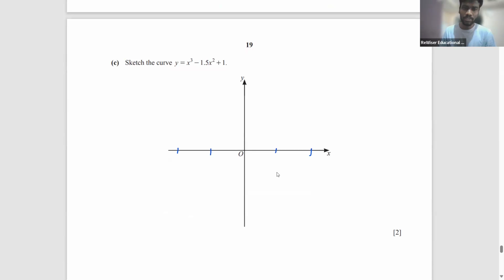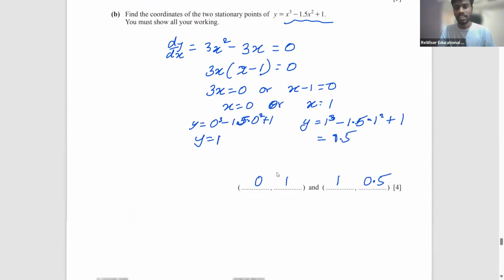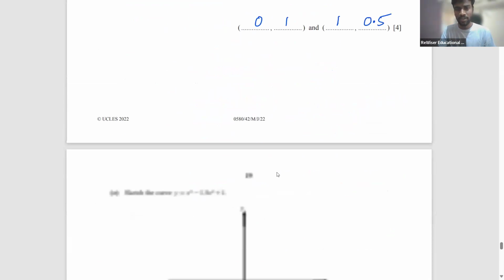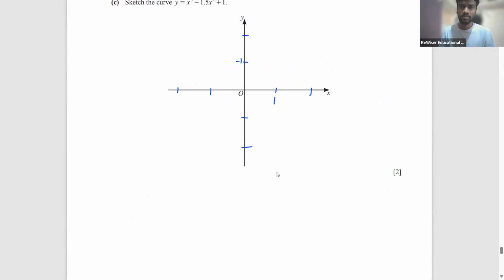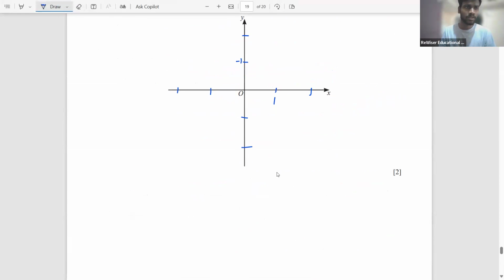And here the y-intercept is +1 itself. Each unit I'm just taking as 1. So the point (0, 1) is here.